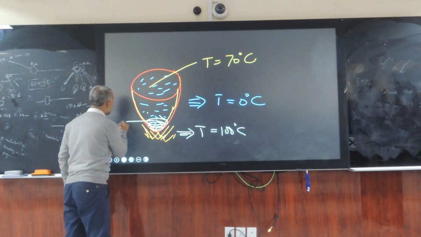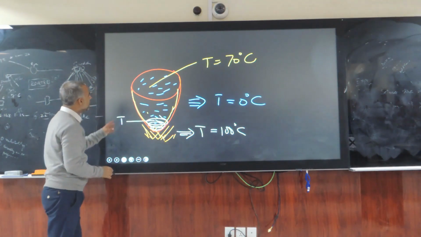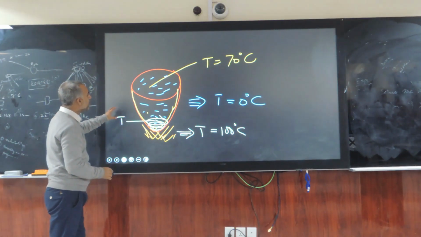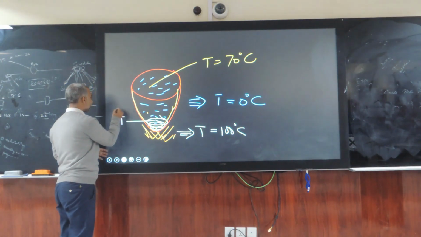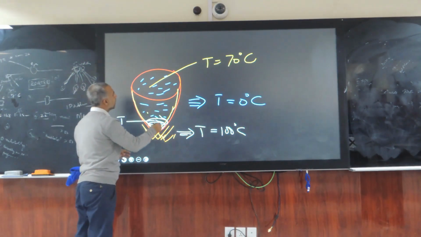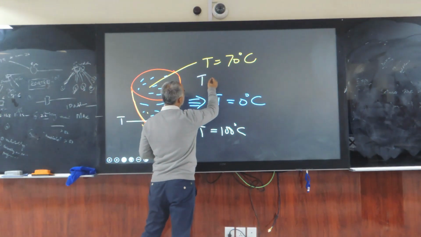Temperature is uniform for each disk, therefore we need to analyze the temperature, and this variation of temperature is determined.